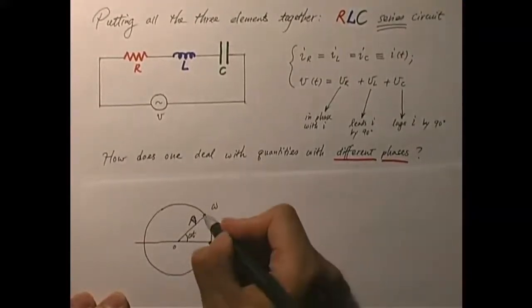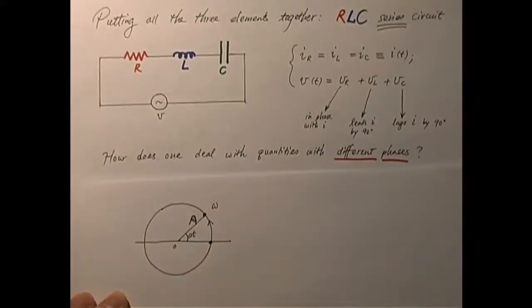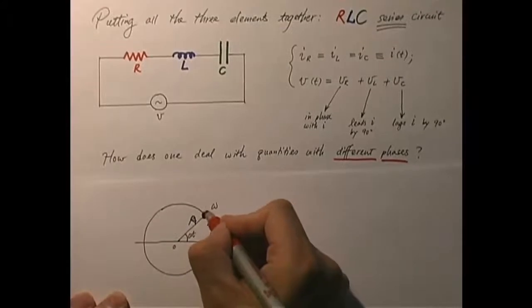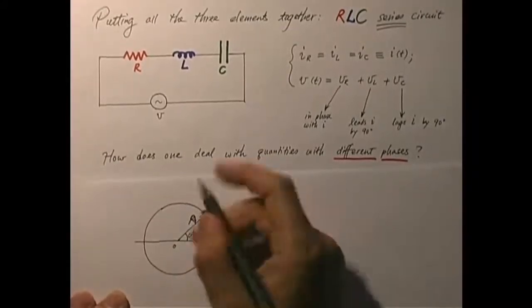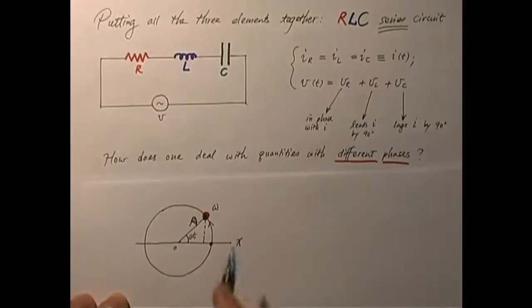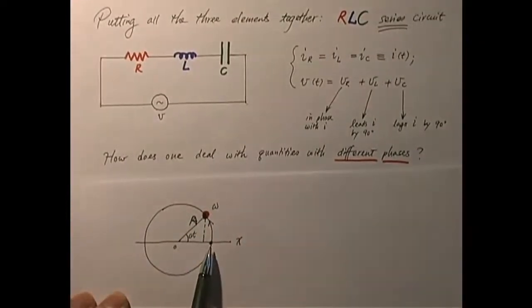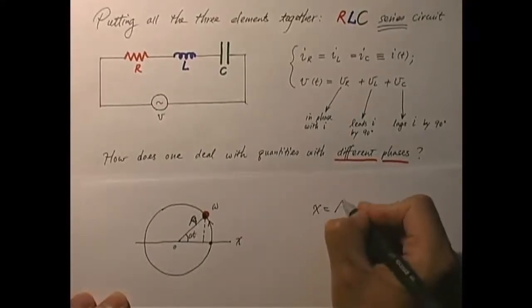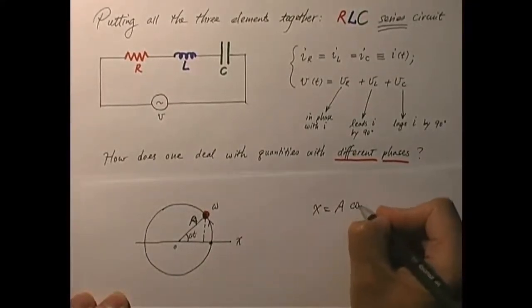As this red dot moves in uniform circular motion, the shadow dropped by this red dot on the x-axis will go back and forth, and that is simple harmonic motion, because x is equal to A cosine omega t.